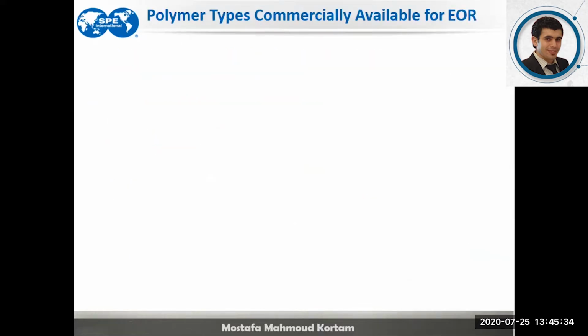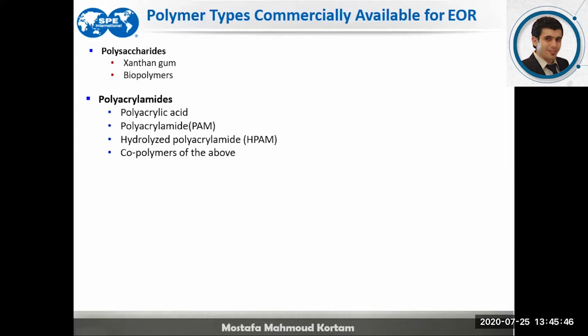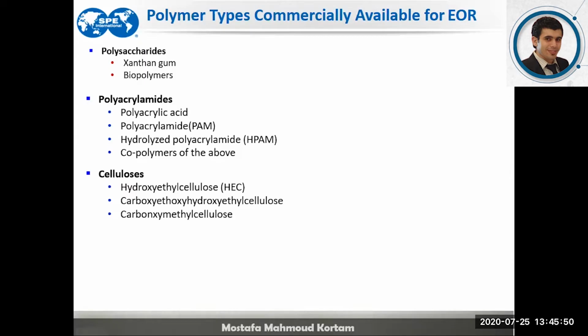So what are the types of polymers that are commercially available for EOR, and what are the common types that are widely used? There is a polysaccharide group, and there is a polyacrylamide group as well. There are some cellulose materials, and there are different types of polymers that can be used for polymer injections that belong to the cellulose types.